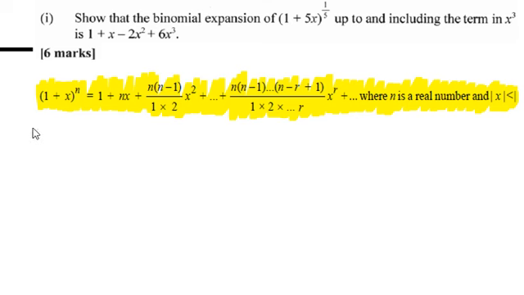Now, the thing about using this formula, if you look, we no longer have a plus b, which basically means any two things added. Here we have 1 plus x. This 1 here is very important, which means in our bracket, in order to use this formula, there needs to be a plus 1.